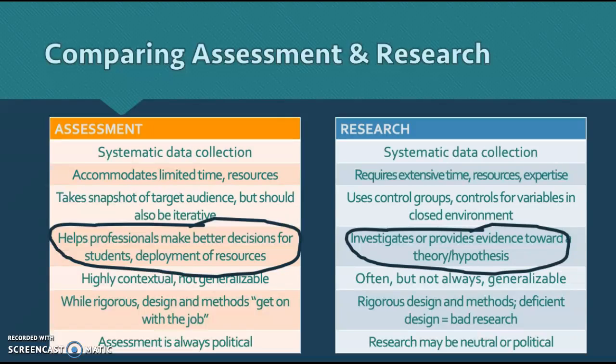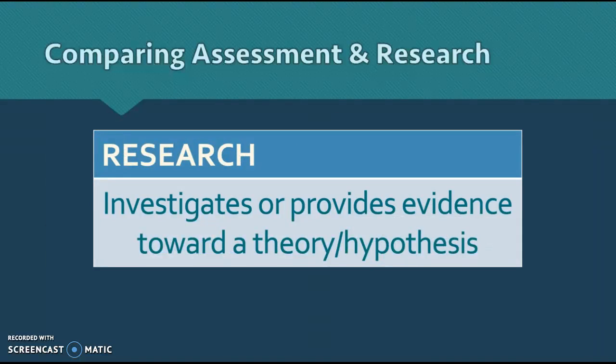There are some things that we identified in class that were certainly similar about assessment and research and the ways in which they work and the sorts of activities that are involved in each. But there are definitely some distinct differences here about what it's used for. And essentially its purpose, or the purposes of these two things, is pretty important to keep in mind.